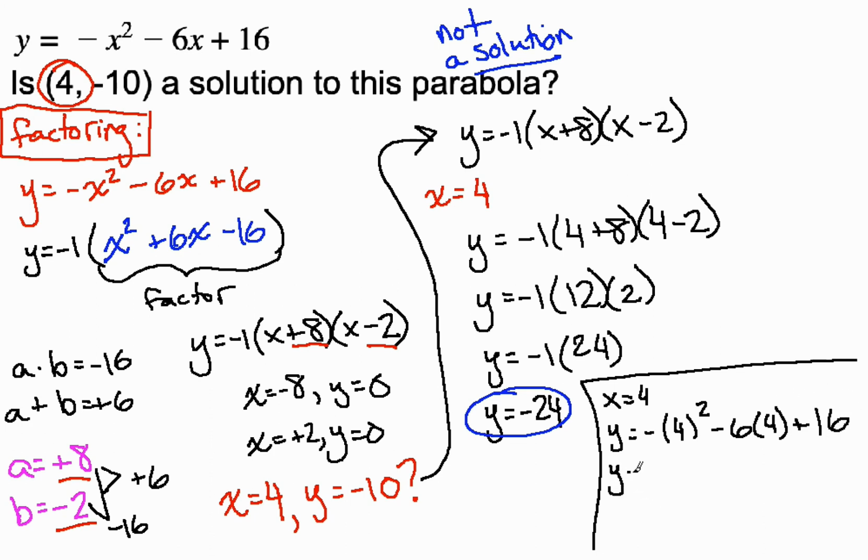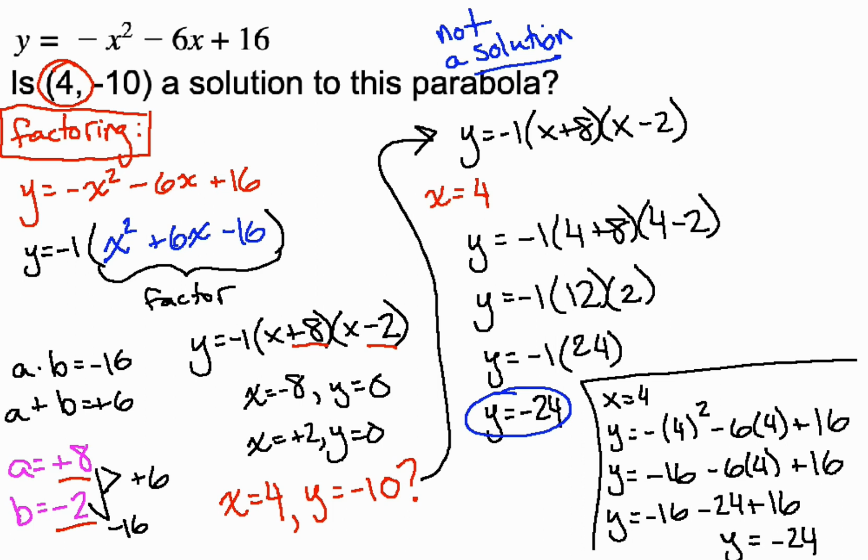And then I get y is equal to negative 16 minus 6 times 4 plus 16. And I get y is equal to negative 16 minus 24 plus 16. And then this would give me y is equal to negative 24 again.